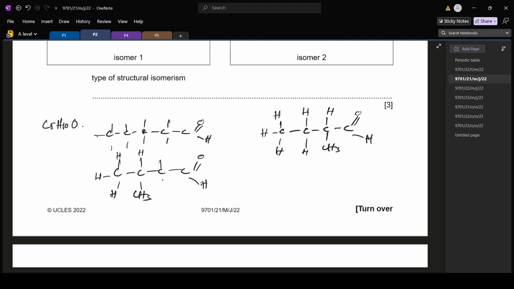Like this is your second isomer, third isomer, sorry.